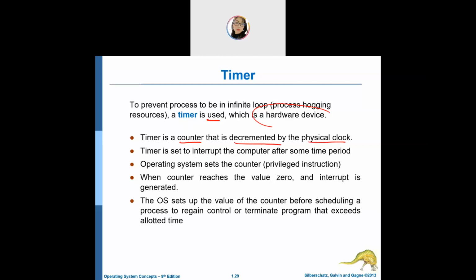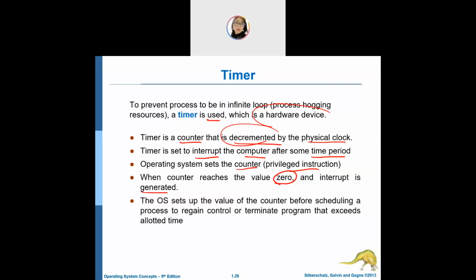The timer is set to interrupt the computer after a time period, and the OS sets the counter, which is a privileged instruction. And fourth, when the counter reaches the value 0, which is because you are counting down, an interrupt is generated.